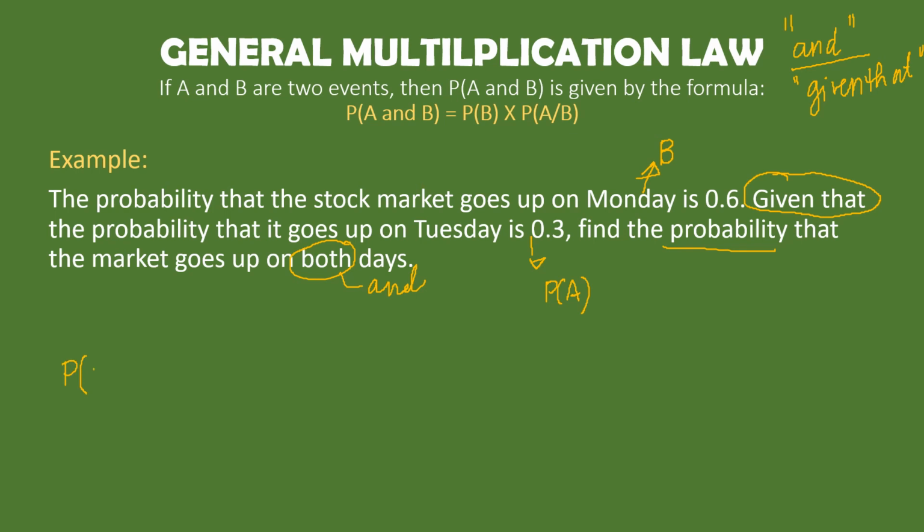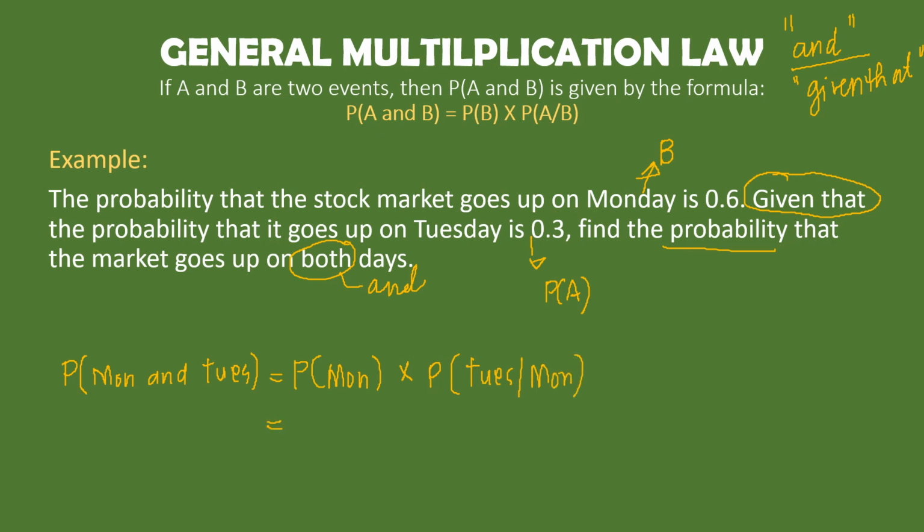The probability that it goes up on Monday and Tuesday is equal to the probability of B, which is the probability of Monday, times the probability of A given B, the probability of Tuesday given it goes up on Monday.